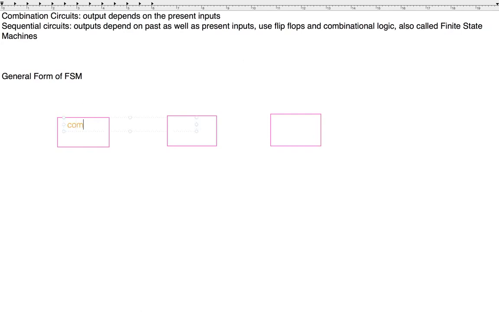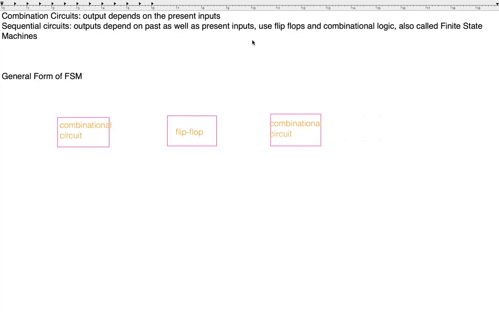The first one is a combinational circuit. Here, we're going to have our flip-flop in between, and then another combinational circuit here. This is what your finite state machine looks like. And you're going to have an input and an output, of course.